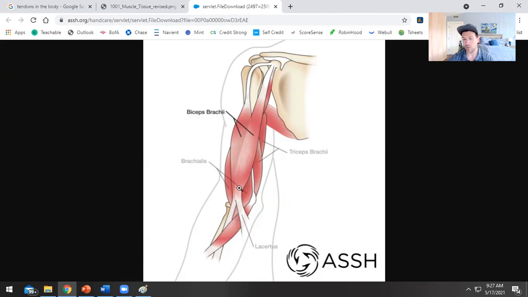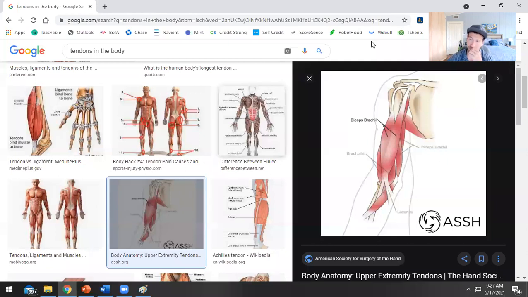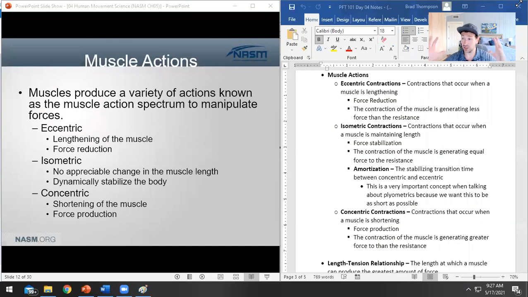So when we look at how that attaches, it's running from one tendon to another. That arrangement means that these muscles, which are really good at shortening and relaxing, are attached to our bones. That's how they're dragging us around, creating this movement.